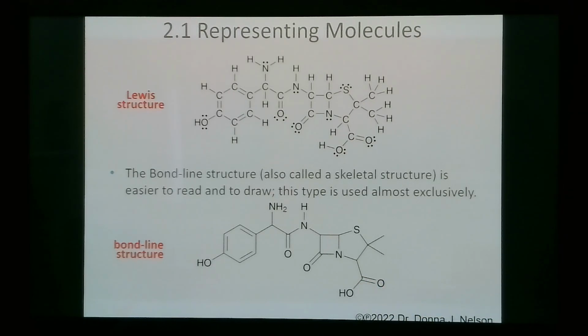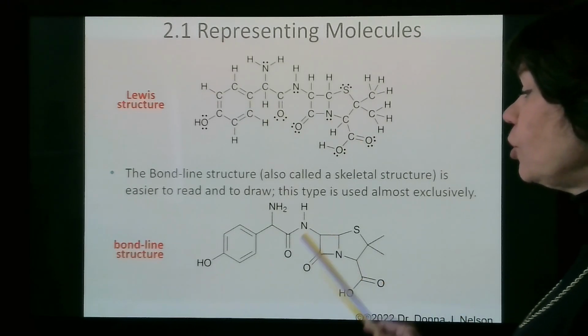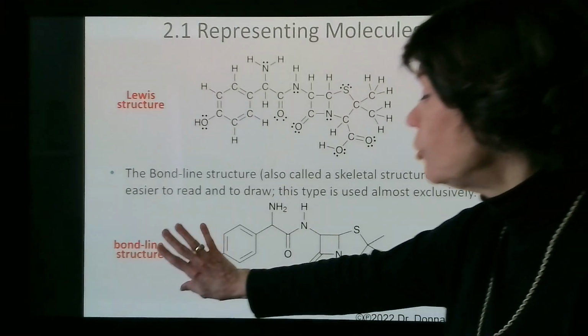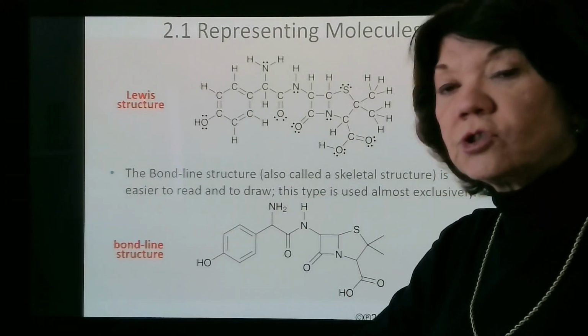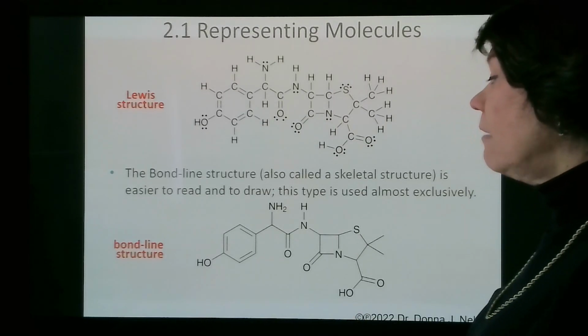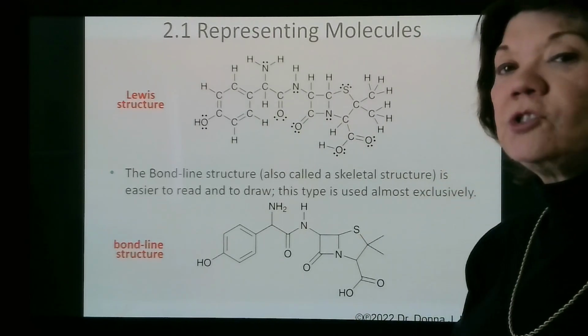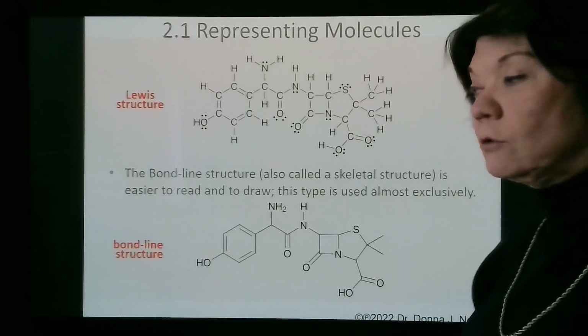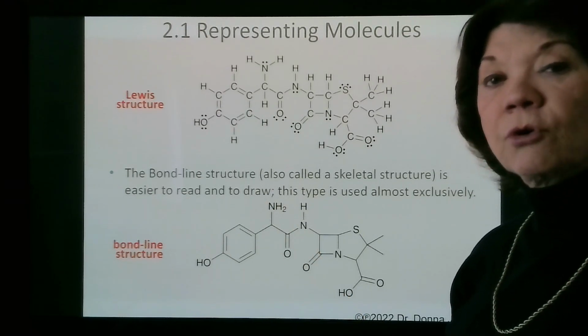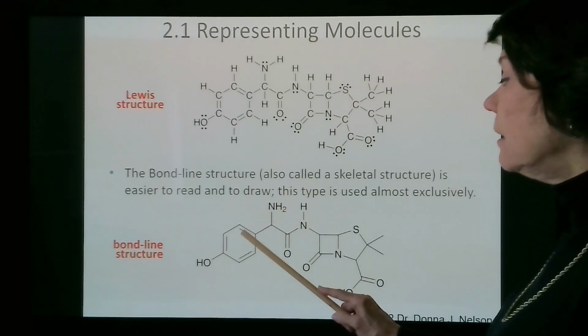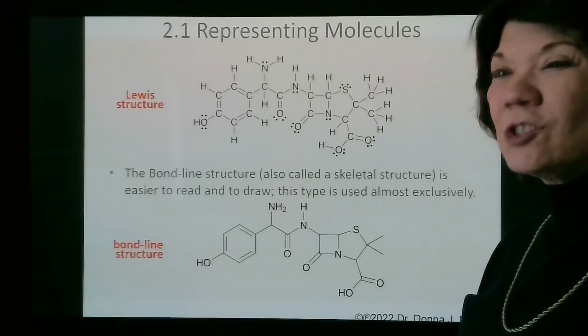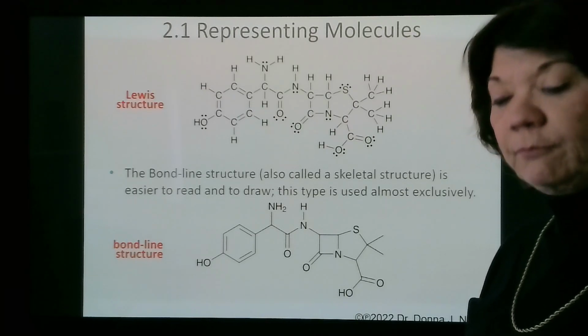And since chemistry is going to be done at the functional groups, it really helps to be able to just look at one of these bond line structures, and your eye can just sweep across the structure, and you will know instantly what all functional groups are there. And that is what is important, because whatever reagents are added to the molecule, the reagents will be reacting with the functional groups. The carbon skeleton doesn't change that much. It's somewhat rare.